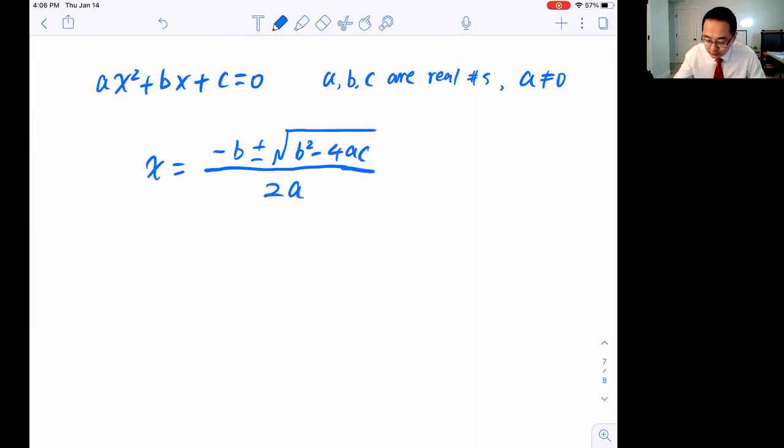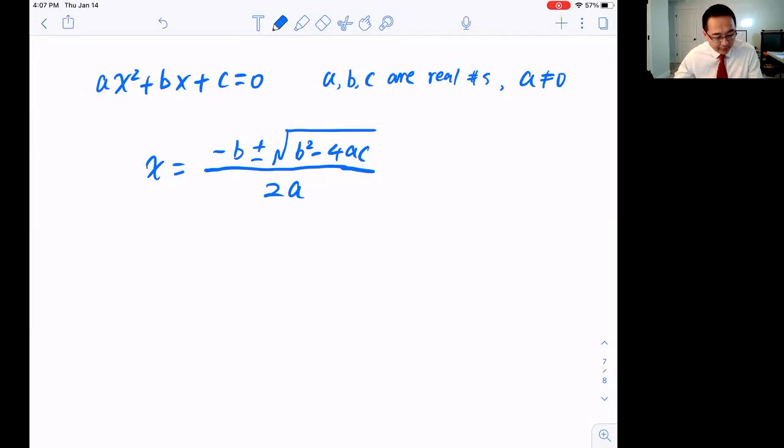So there are two answers because x is a square term now. We said the power of x tells you how many solutions you have. So -b plus the square root of b squared minus 4ac is one answer, and -b minus that is the other answer. That's the general way of solving for this.